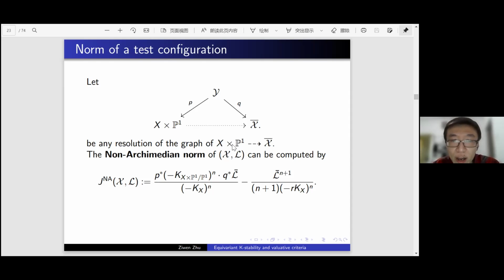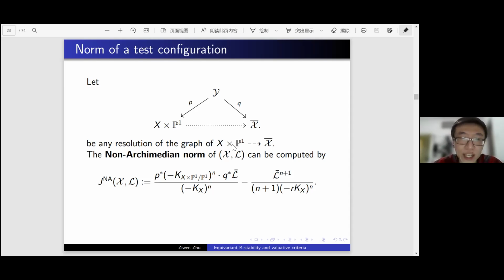The one I want to talk about is the non-Archimedean norm, which was first defined, I think, in Boucksom, Hisamoto, and Jonsson's paper, where they use non-Archimedean methods to study test configurations and K-stability.